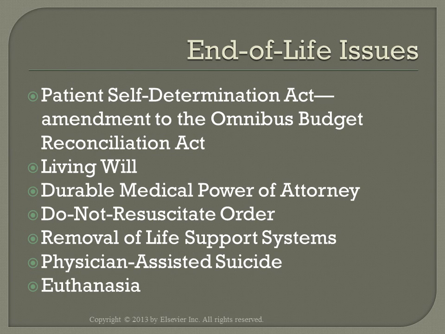So in other words, if a person has a durable medical power of attorney, it doesn't mean that the person they have appointed to be their proxy can just make any decision for them. It only goes into effect if that person is unable to make decisions themselves.